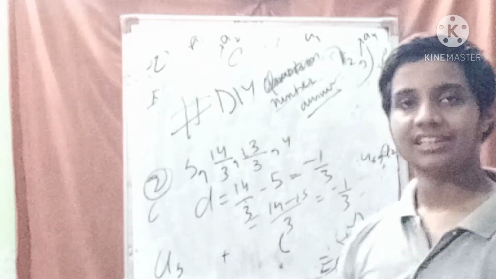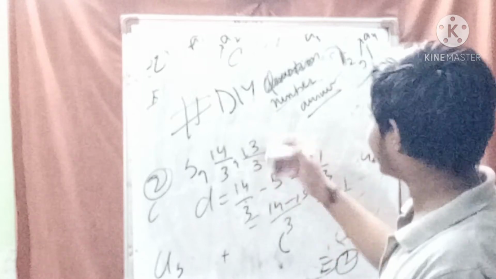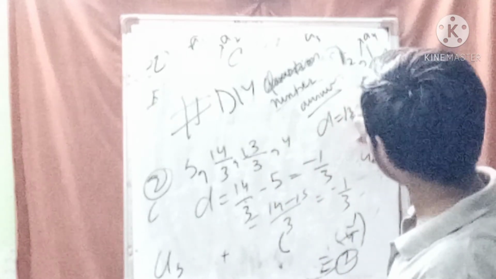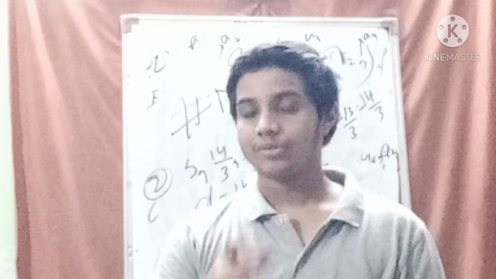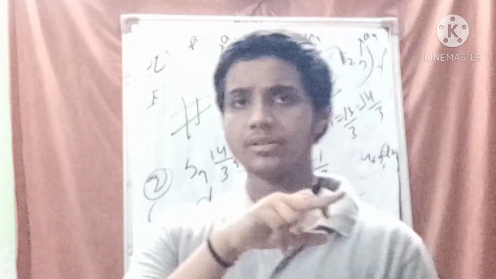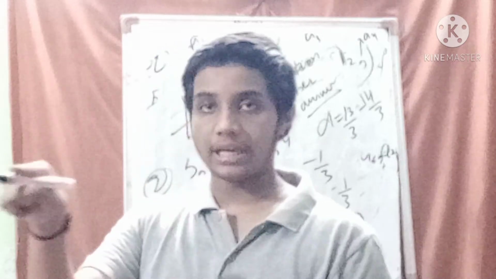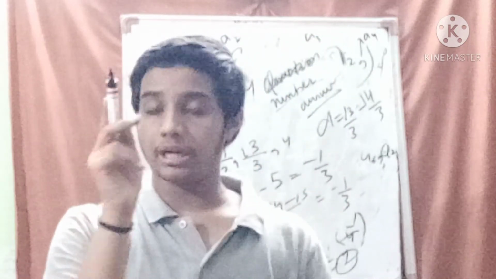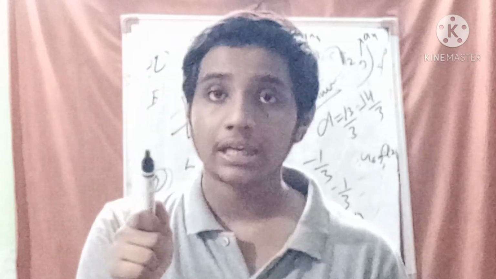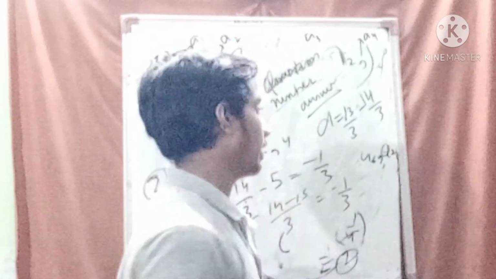Just simple. Next, D is equal to 13 by 3 minus 14 by 3. 3 is the LCM. So 13 minus 14 on the top, that is minus 1 by 3. So here also it is minus 1 by 3.